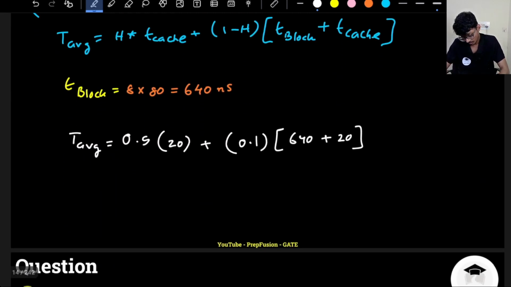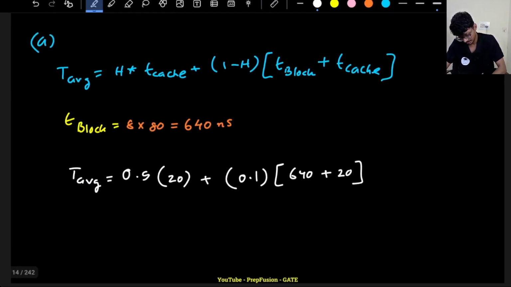So it will be 20, and this equals 18 nanoseconds plus this is 660, so this will be 66. So 18 plus 66 is 84. 84 nanoseconds will be the answer of this question.